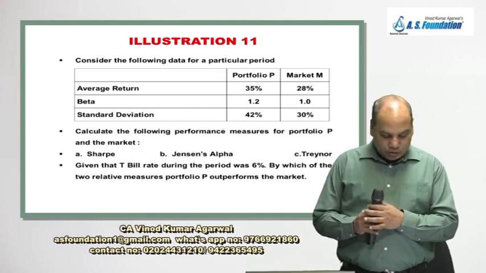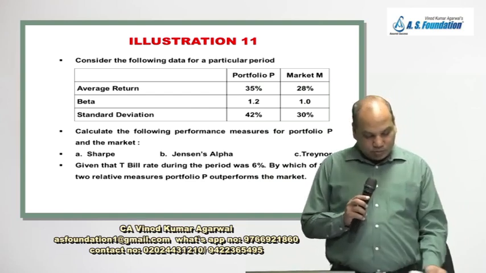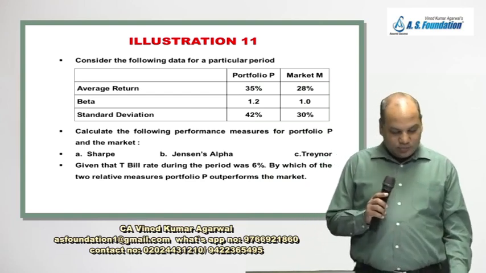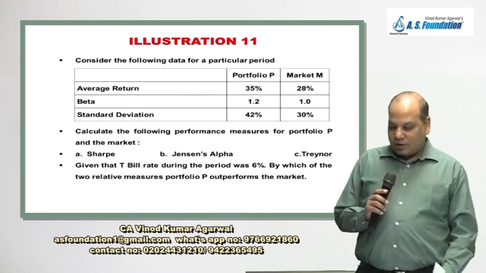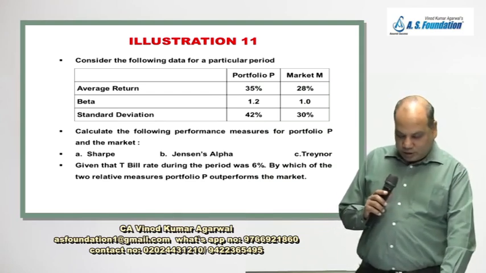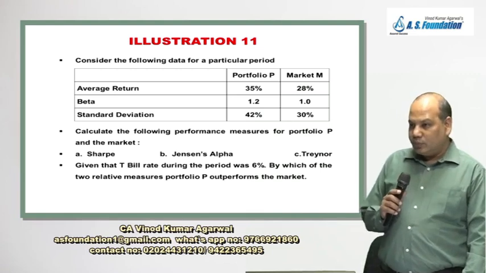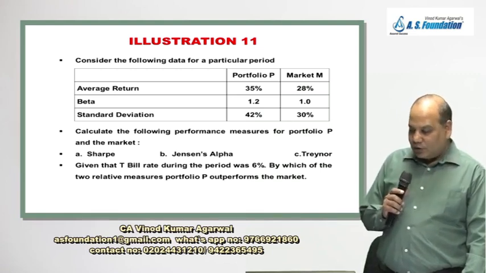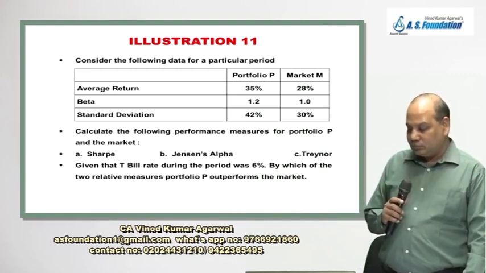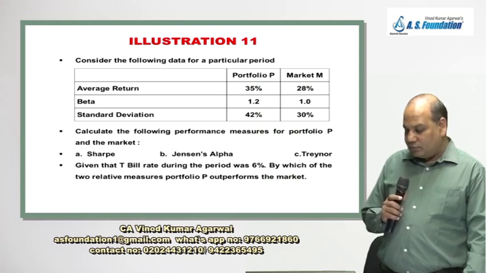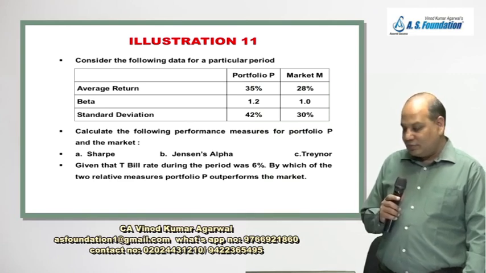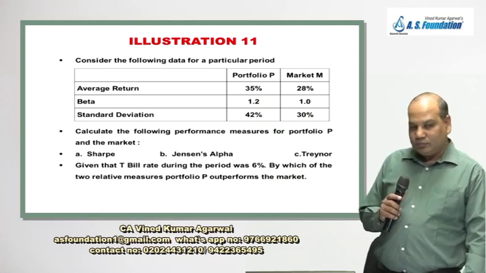Okay. Now I have added 3 questions from my side also. Question number 11, in the book only. Consider the following data for a particular period: portfolio P, market M, average return, beta, standard deviation.